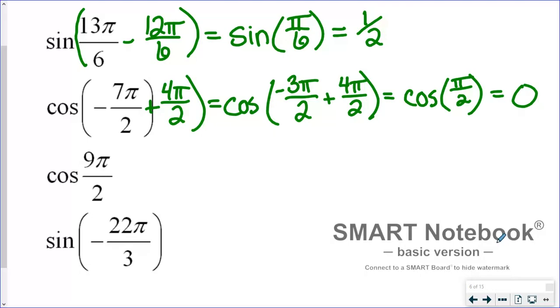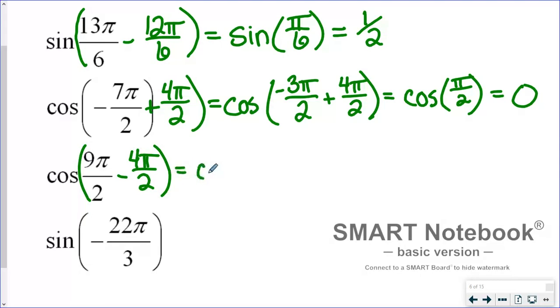Okay, so let's take a look at these. 9 pi over 2 is obviously too big. 9 over 2 is larger than 2. Our unit circle goes from 0 to 2 pi, so I'm going to be subtracting 2 pi, which is 4 pi over 2 with a common denominator.